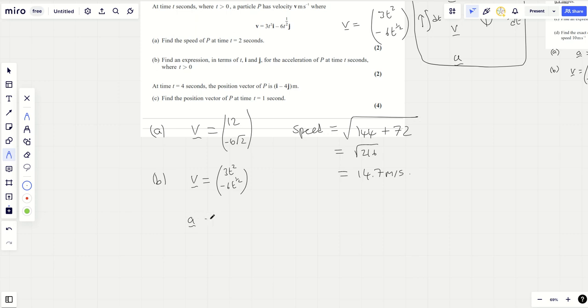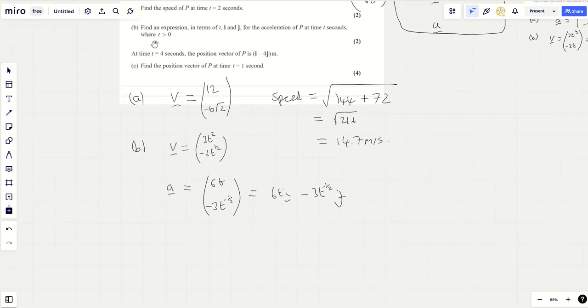So a is going to be, differentiate, you get 6t, differentiate that, you're going to get minus 3t to the minus a half. We'll put it in i's and j's just to be polite: 6t i minus 3t to the minus a half j. Read the question carefully to check we haven't missed anything. t is bigger than 0, that's fine. Looks good to me.